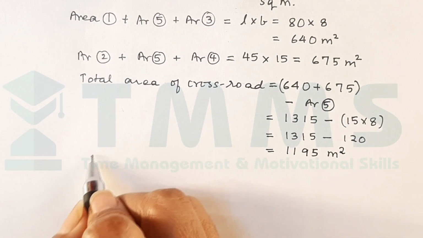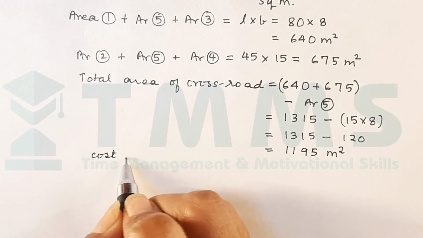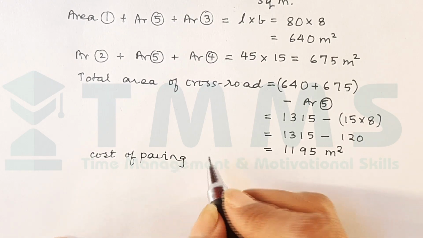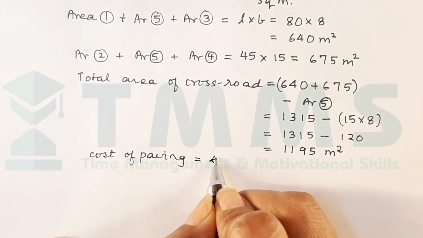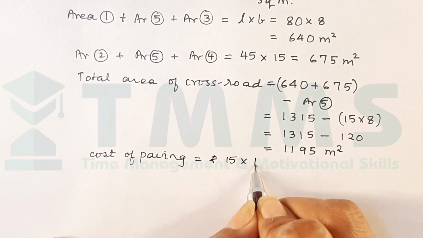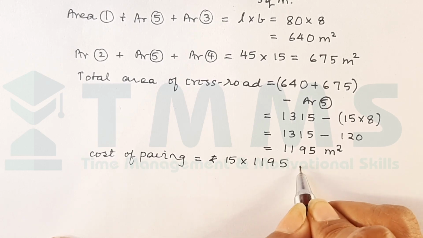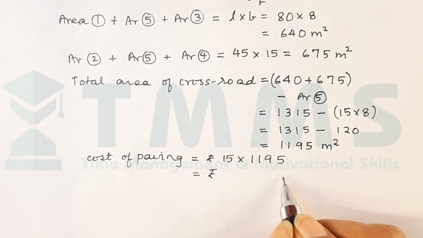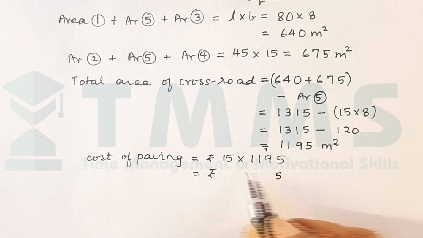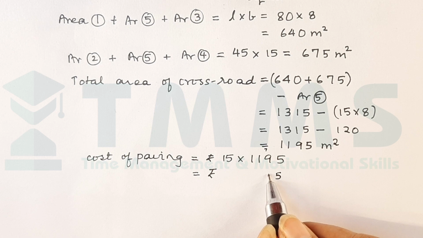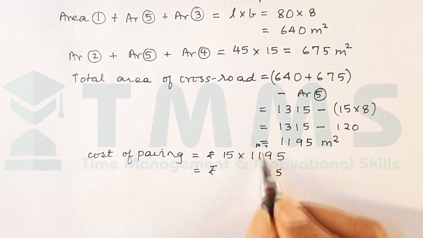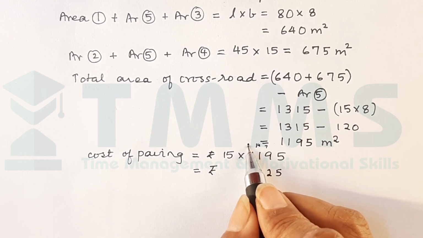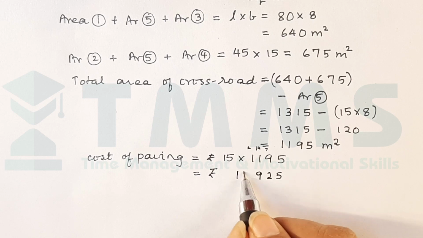Got that? Now, what will be the cost of paving it? The cost of paving will be rupees 15 multiplied by 1195, which is going to be equal to 15 fives are 75, carry 7, 15 nines are 135 and 7, 142, carry 14, 15 ones are 15 and 14, 29, carry 2, 15 ones are 15 and 2, 17.